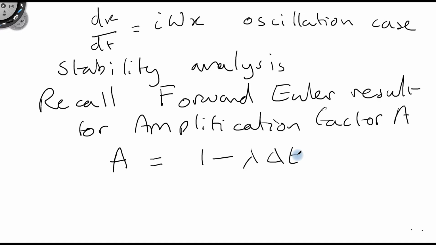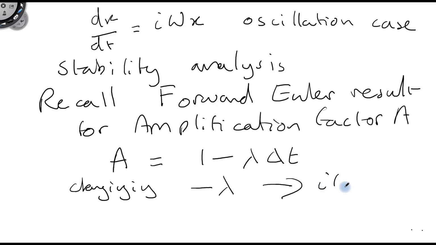Now our problem is simply that we are changing minus lambda to i omega. We could do the algebra again, it's just a few lines, but we can actually just substitute minus lambda for i omega.